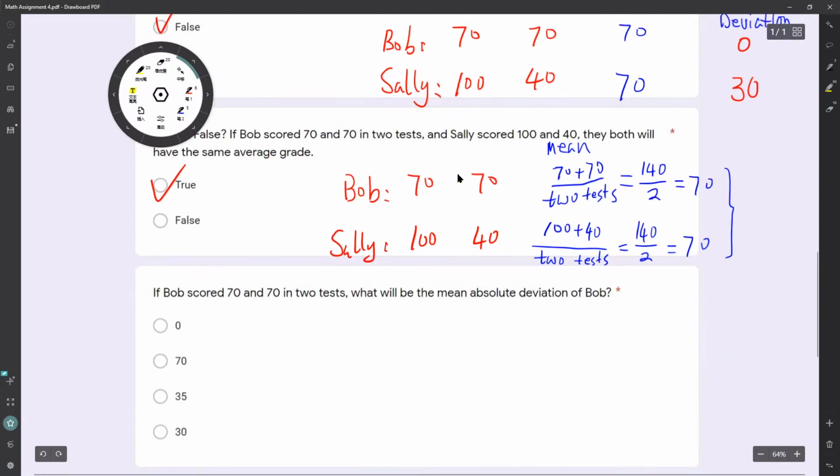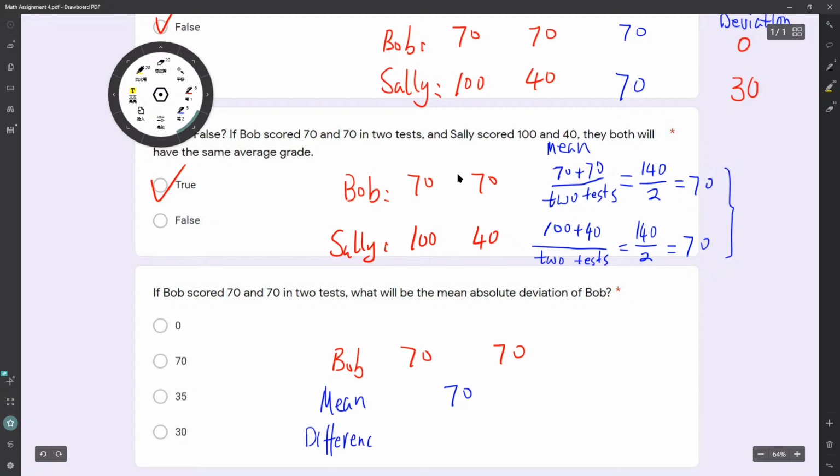So in the two tests, he got 70 and 70, and his mean is 70, right? And you can see the difference is 0 for the first test, and the difference is 0 for the second test.